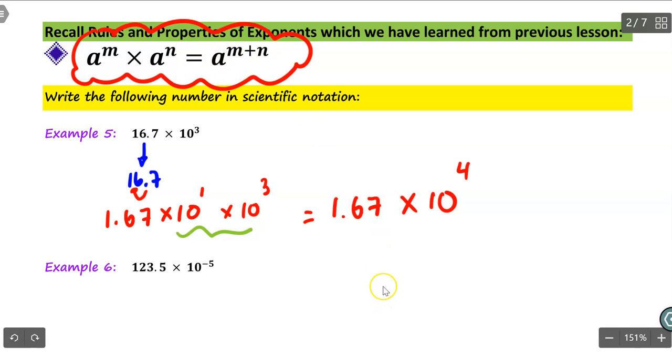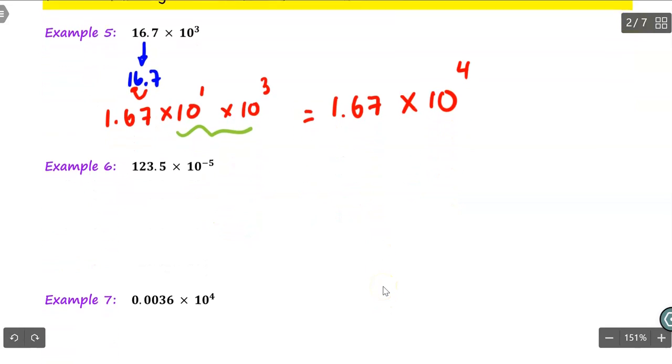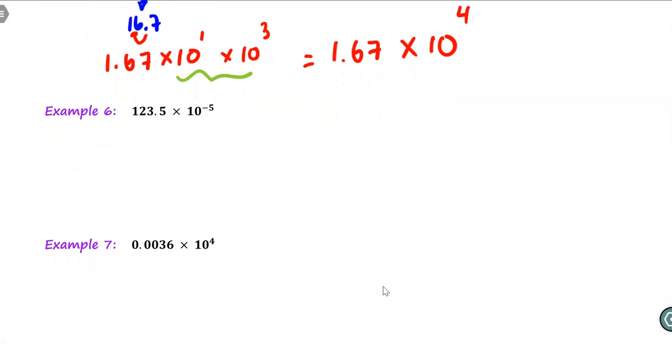Alright? Okay. So let's go to example number 6. Again, this number is not in scientific notation, even though I have 10 to the exponent already here, but the decimal point in this case, I have to move it to put it right beside the number 1.